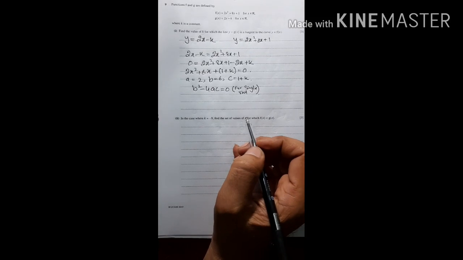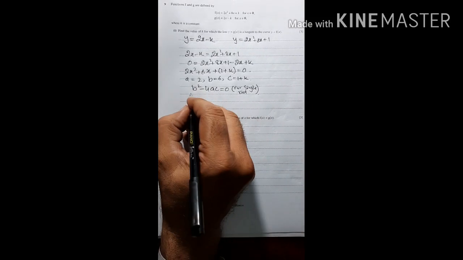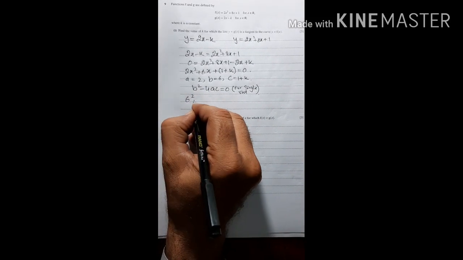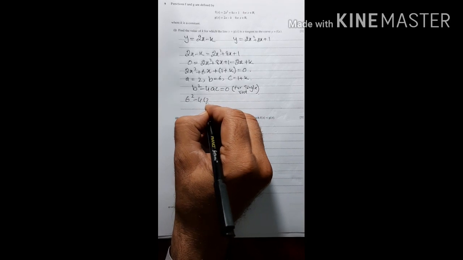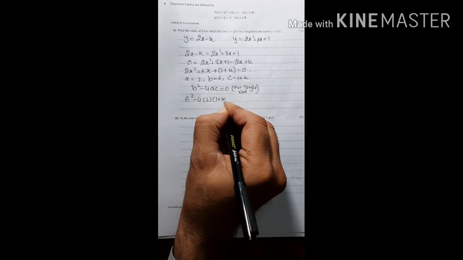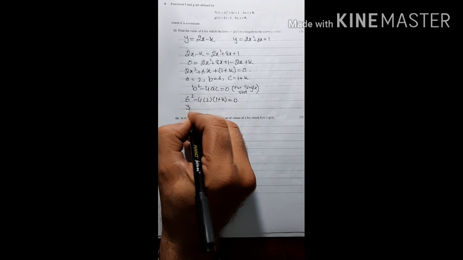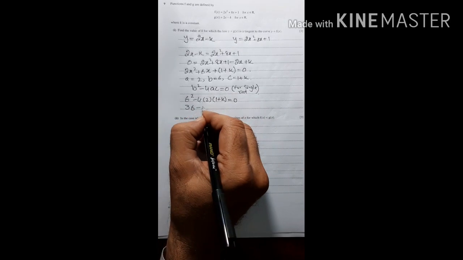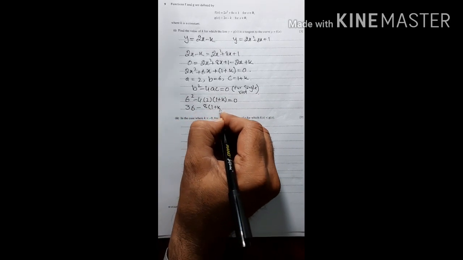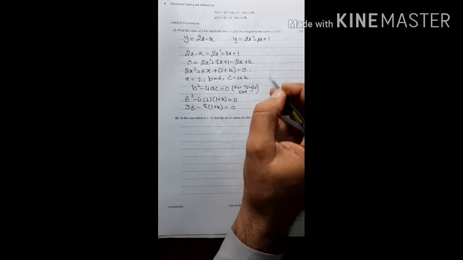So put the values here. 6 square minus 4 into 2 into 1 plus k is equal to 0. 36 minus 8 into 1 plus k is equal to 0.